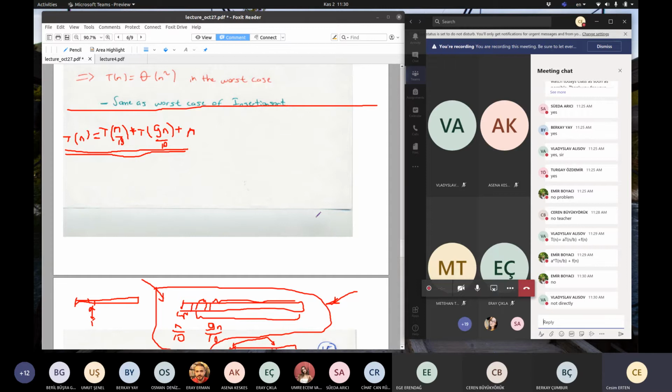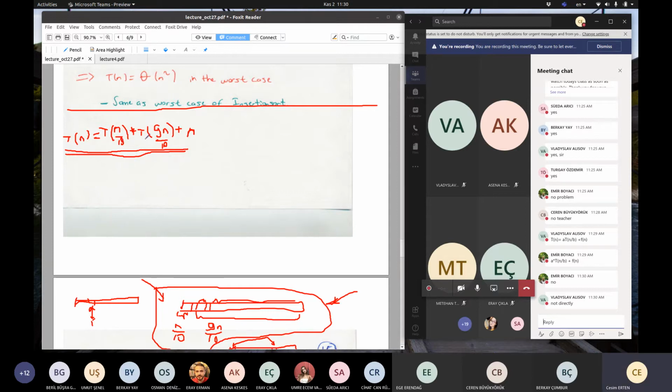Can you construct a recursion tree for this T of n and try to guess a bound for T of n using your recursion tree? Can anybody do this real quick, like in, I don't know, 30 seconds?